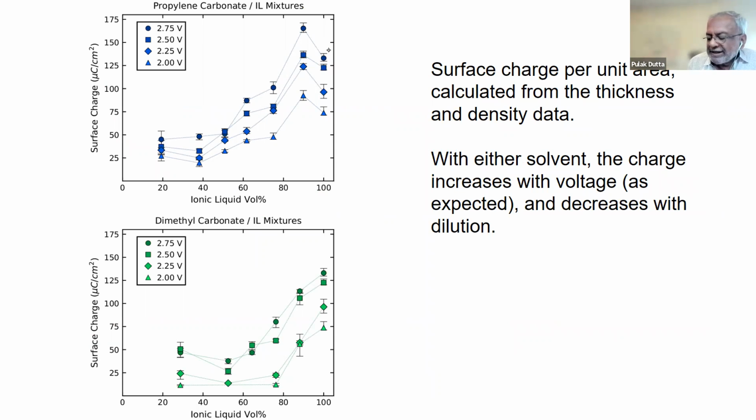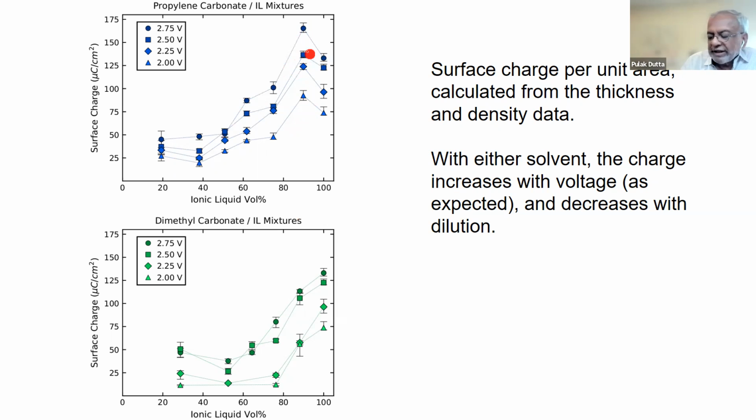We can now do the same for solutions. And you find that the capacitance actually drops. You don't help the system by making it more dilute. But the maximum surface charge is actually not for the pure material, but for just a little bit of dilution.